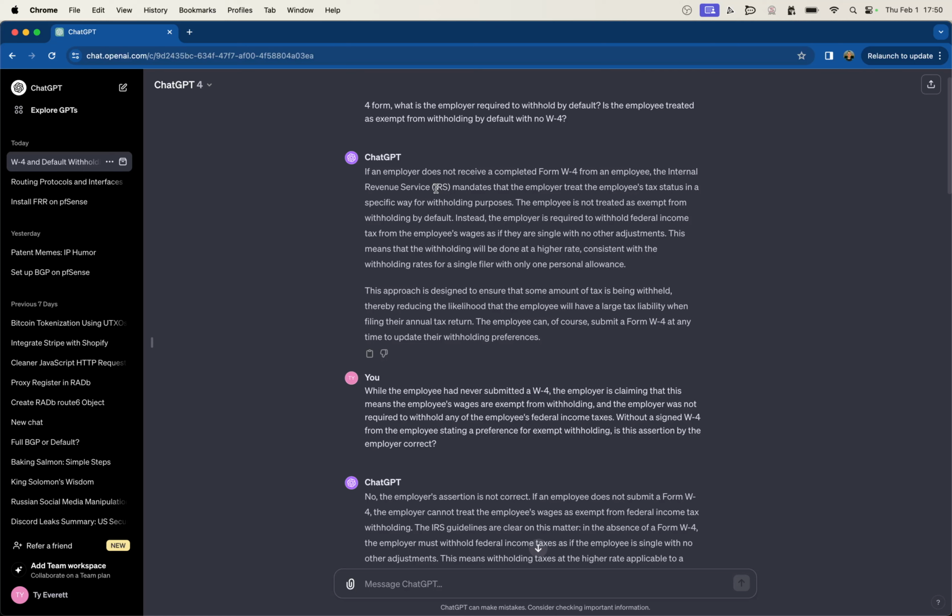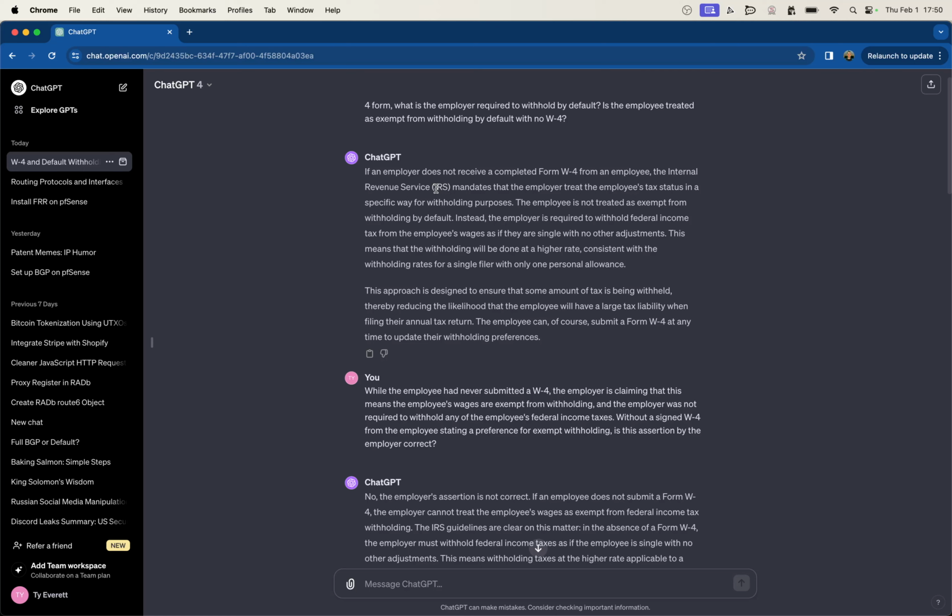Instead, the employer is required to withhold federal income tax from the employee's wages as if they are single with no other adjustments. This means that the withholding will be done at a higher rate, consistent with the withholding rates for a single filer with only one personal allowance.